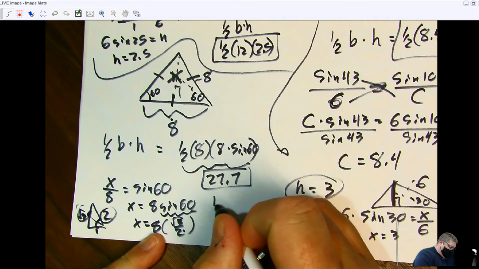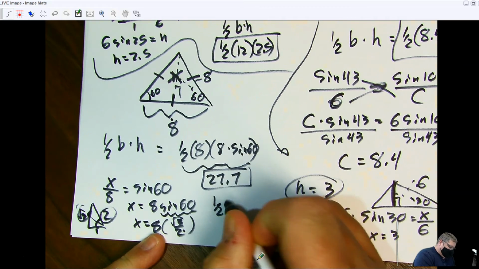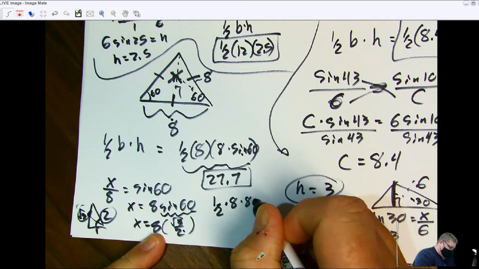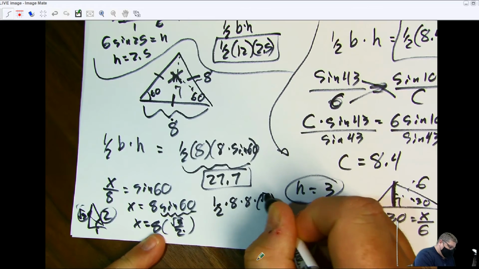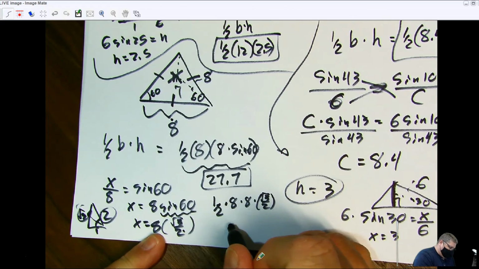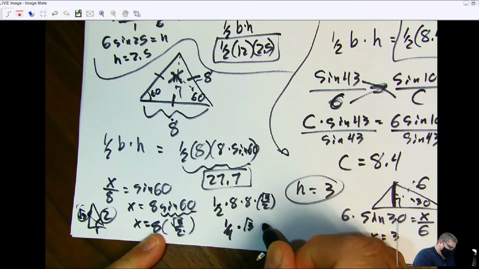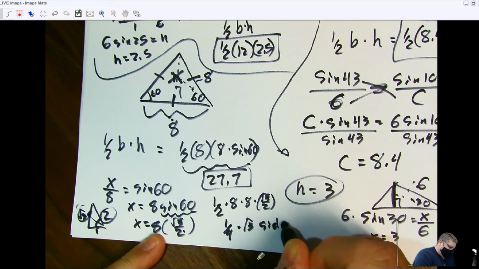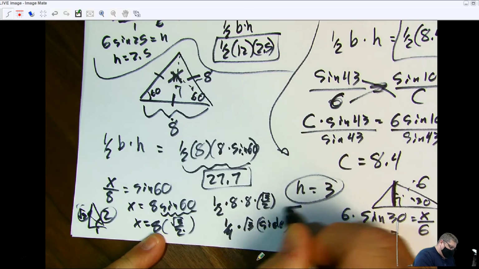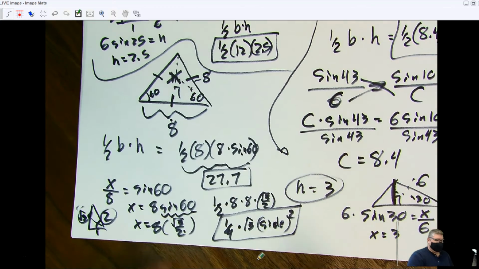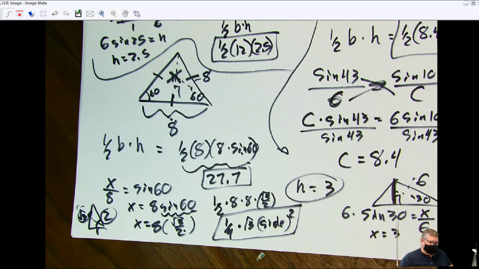I would have 1/2 times 8 times 8 times root 3 over 2, which if I put it all together would be 1/4 times the square root of 3 times whatever the side is, in our case 8, squared. This is another formula for equilateral triangles.